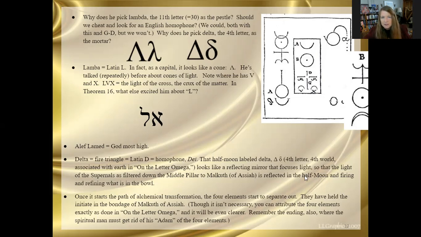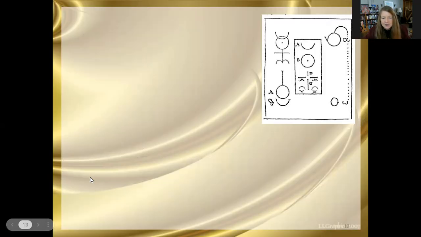And one assumes you're getting rid of this Adam, the corporeal self, to merge with the higher self, since Jesus is coming down and taking up Adam, sort of like a similar process to what we had in Theorem 20. And then one might encounter the greater Adam, as we have previously talked about.